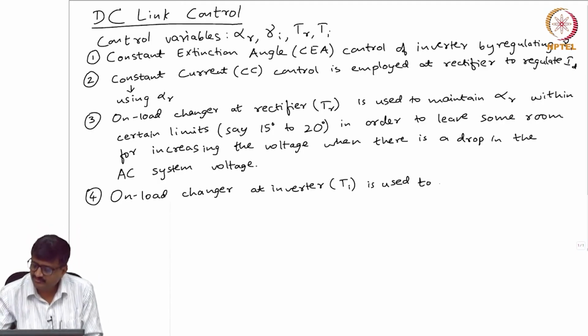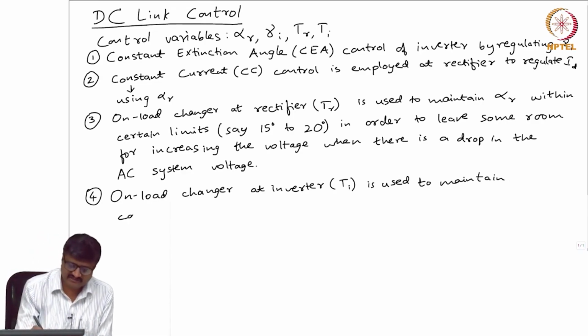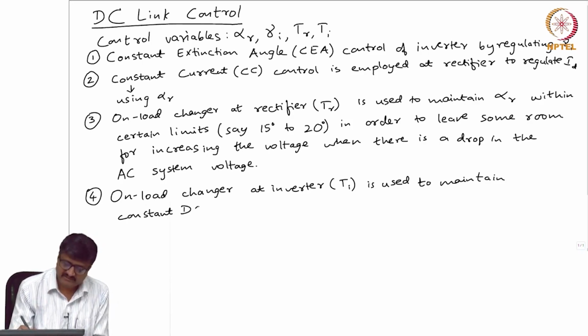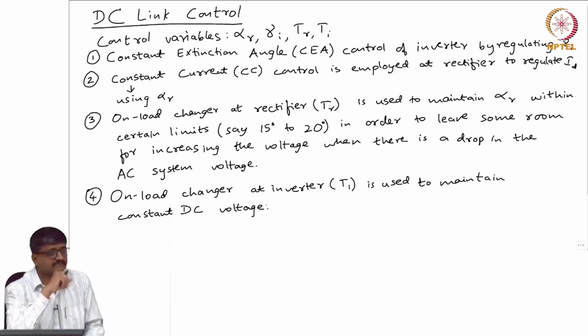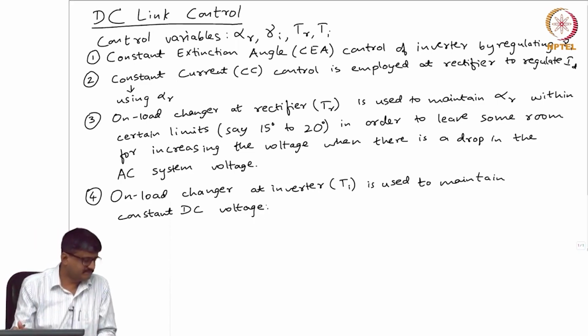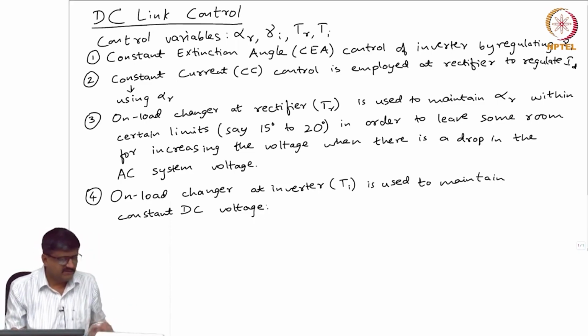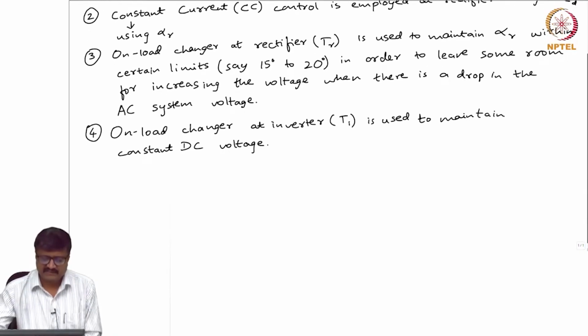Is used to maintain constant DC voltage. So this is how the 4 control variables are used.